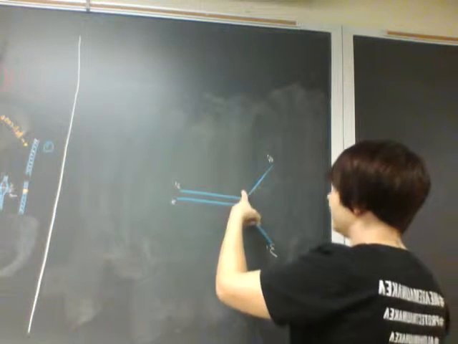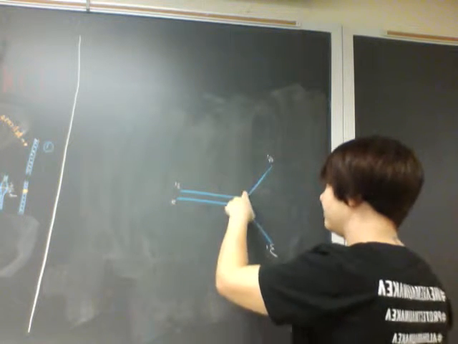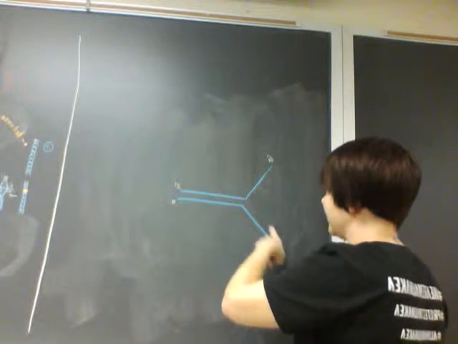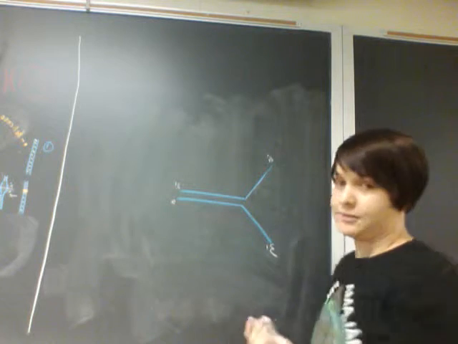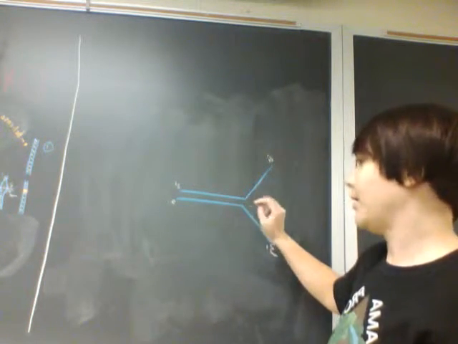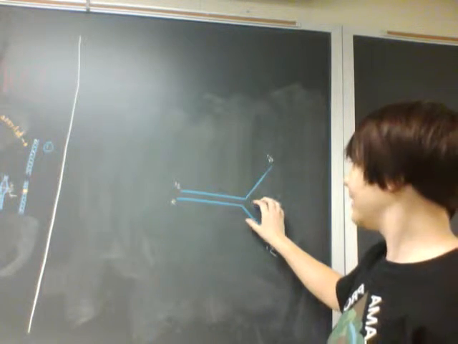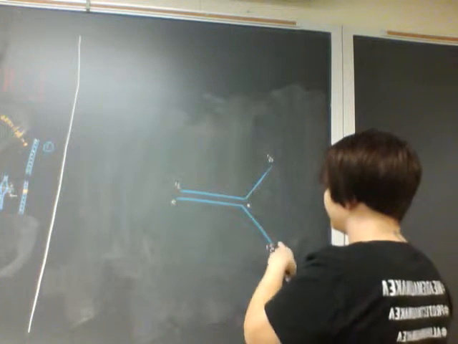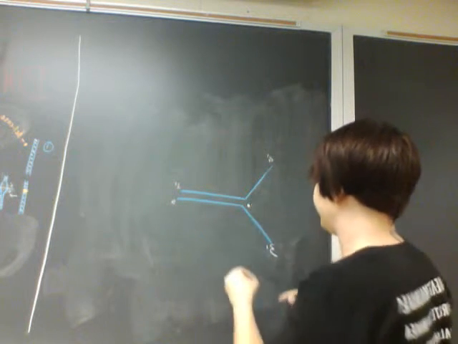So, since our helicase would be right here making the bubble, and our DNA strands go from 3' to 5', we need to add a RNA primase to this point. So, since this is 3', this would be our 5'.